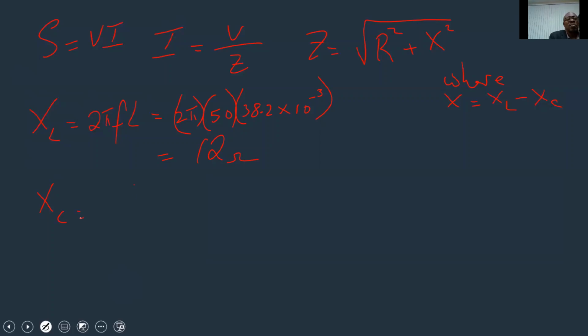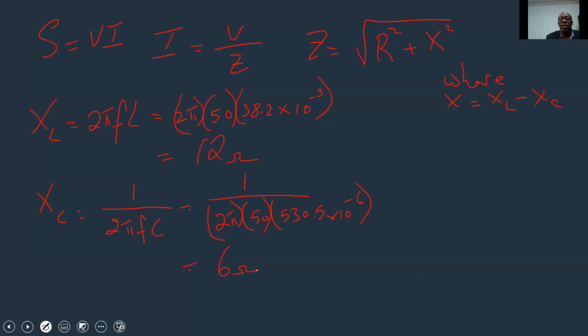XC is 1 over 2 pi F C, which is 1 over 2 pi times 50 times 530.5 times 10 to the minus 6. And that gives us 6 ohms.